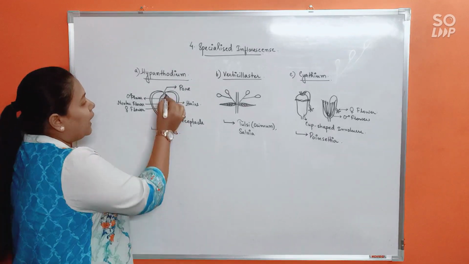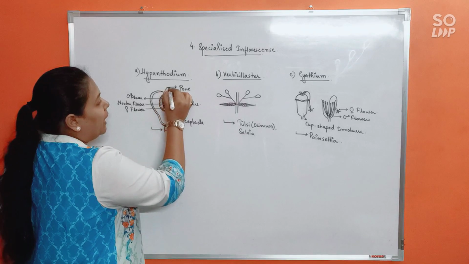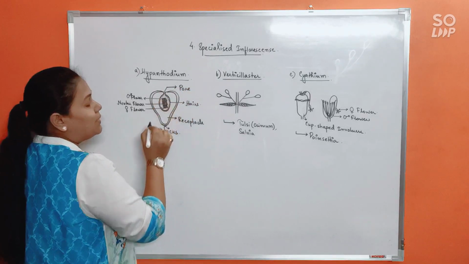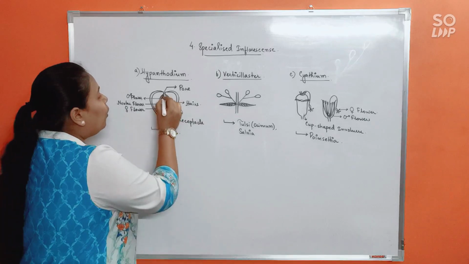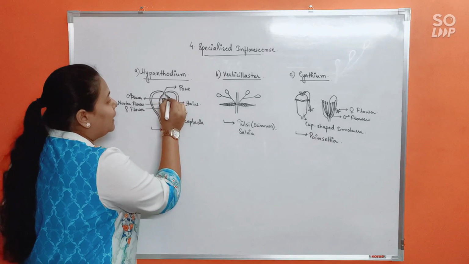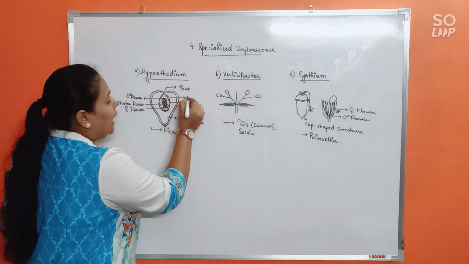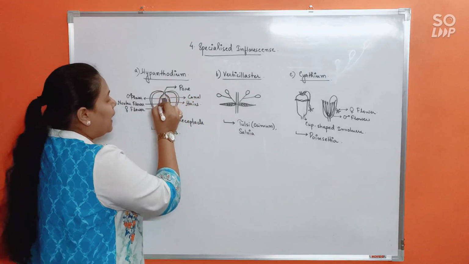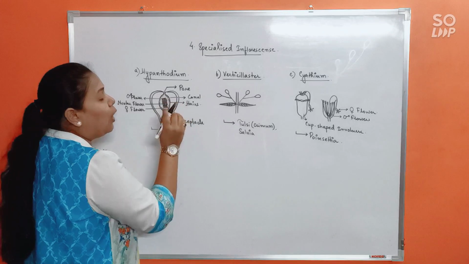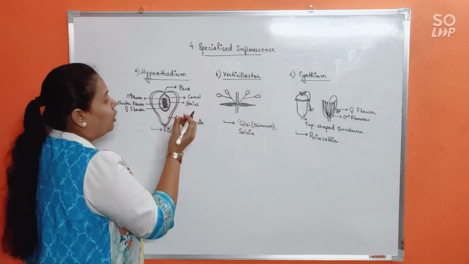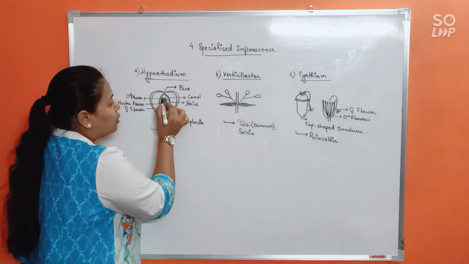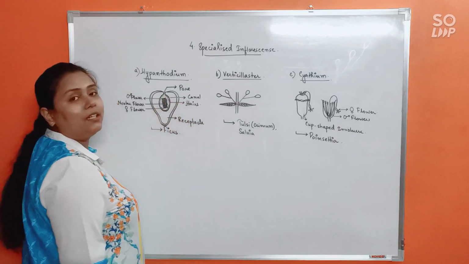Now, at one end of the receptacle, there is a minute pore or opening, which is lined by certain scales and it opens into a large canal. This is the canal. Alright, the canal in its inner lining possesses certain downwardly pointed hairs. These are hair-like structures which line the entire canal.